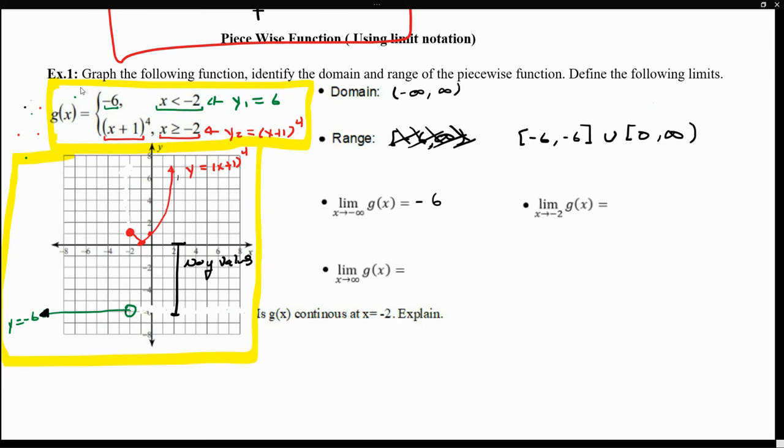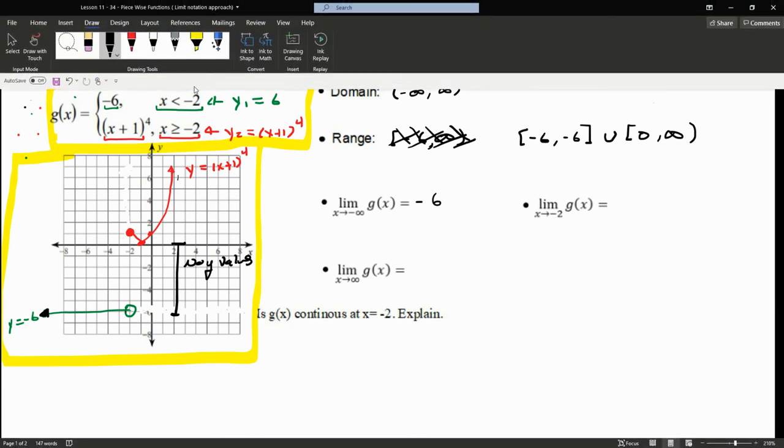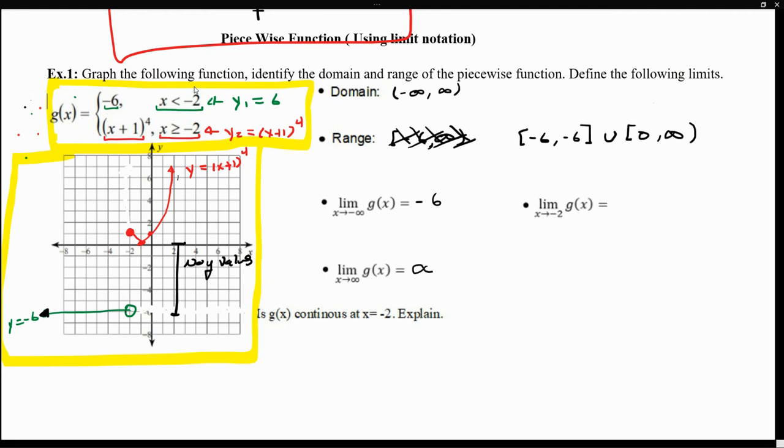And if I keep moving farther to the right, what is the y value that I seem to be approaching? Well, this function is increasing without a bound. So my y value is going to be increasing without a bound, so the limit is positive infinity.